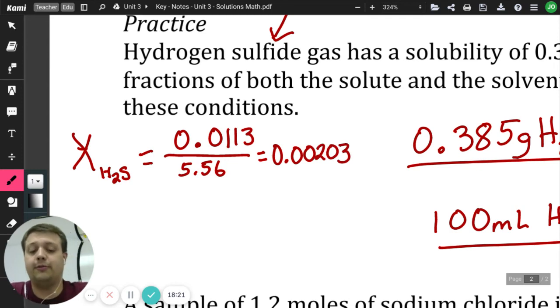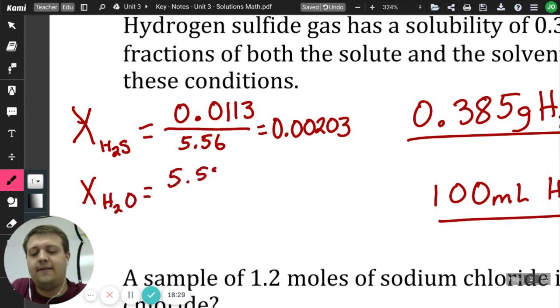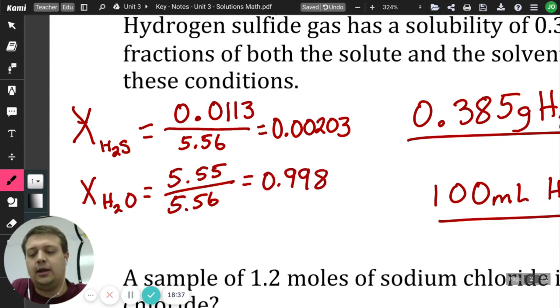Okay, so that's the mole fraction for H2S. And then we are going to do the same thing with H2O. So 5.55 divided by 5.56, and we're going to get 0.998 as our answer. So that would be how we solve for our mole fraction.